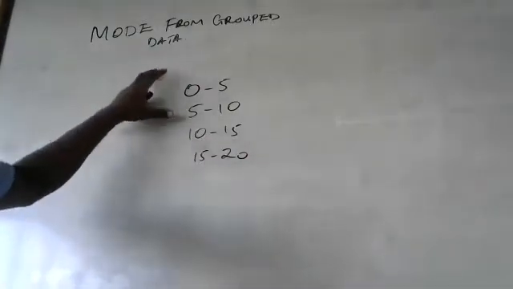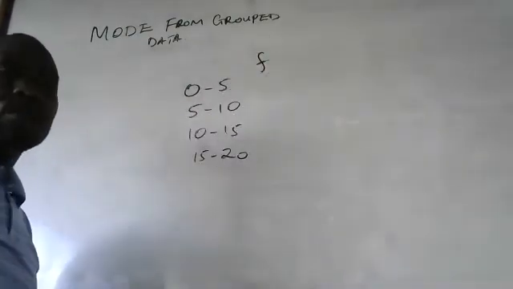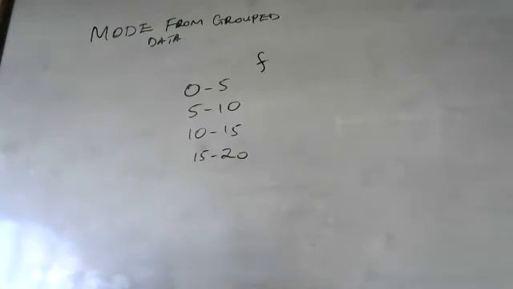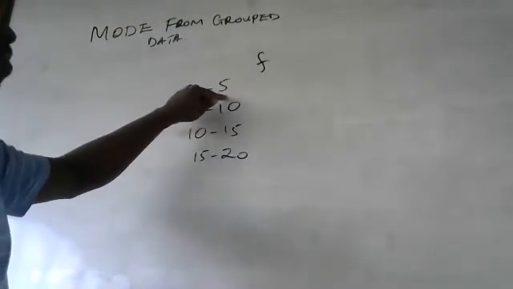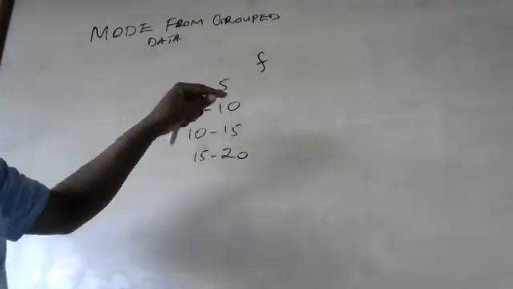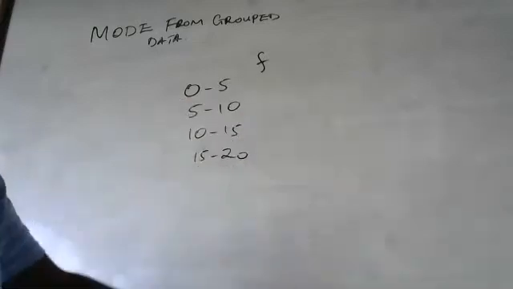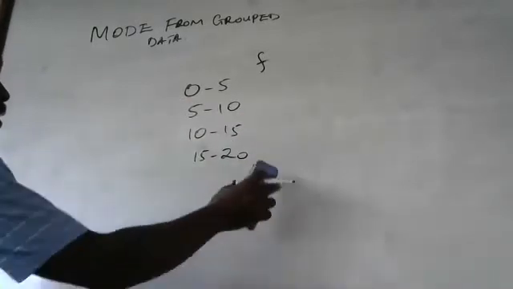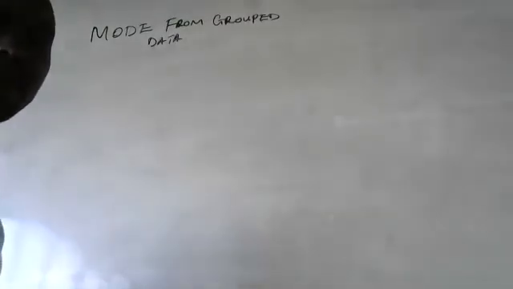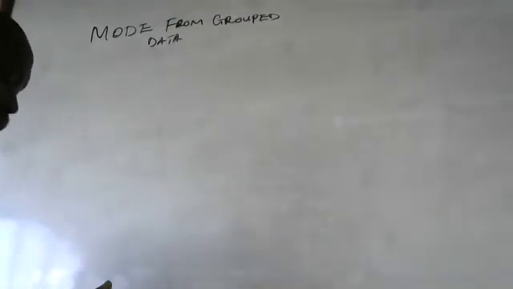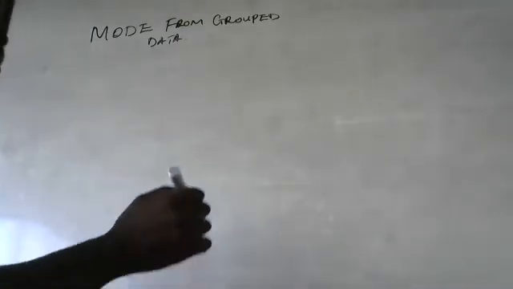When the data is organized in this manner, and then you are given the frequency, frequency in simple terms indicates the number of values that are within this range. The number of values that are within 0 and 5, how many numbers are there? You call them the frequency. For that particular kind of data, the mode is normally calculated by the following formula.